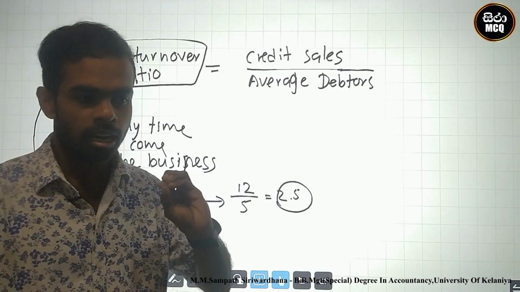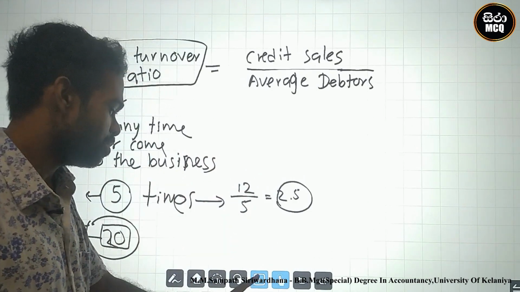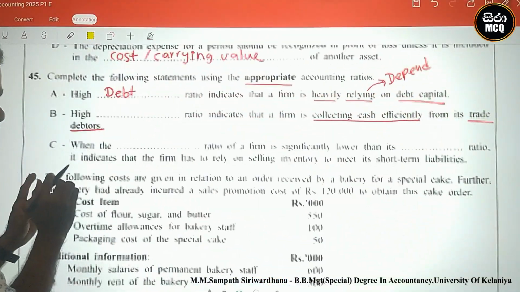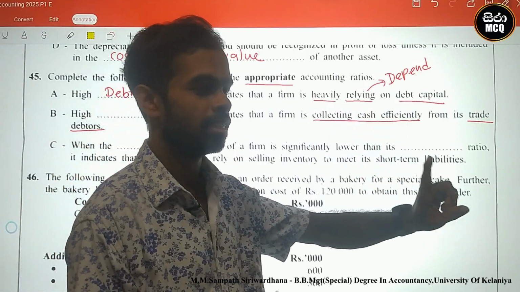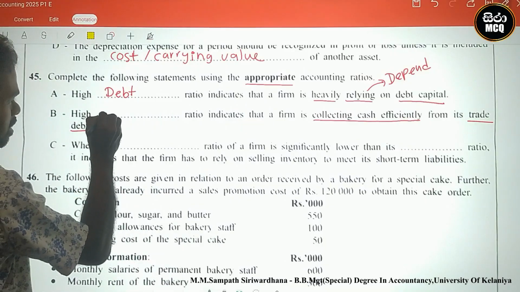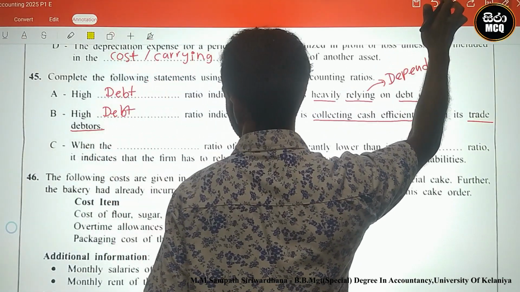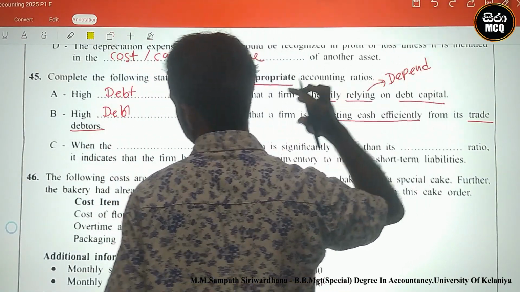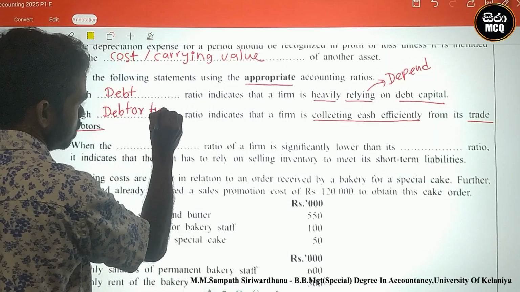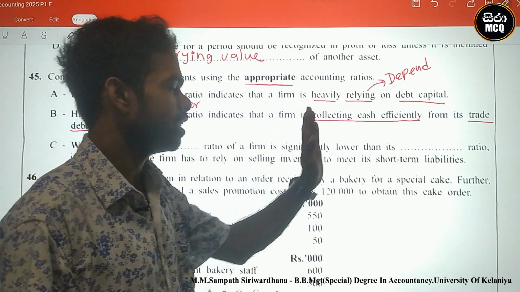When the debtor turnover ratio is higher, we can collect 20 times, 40 times from the debtor, in cash efficiently. Therefore a high debtor turnover ratio indicates that the firm is collecting cash efficiently.